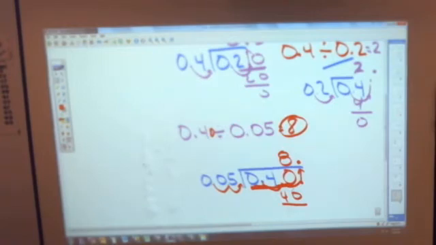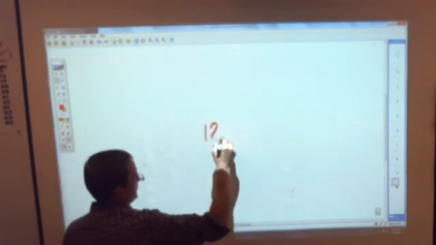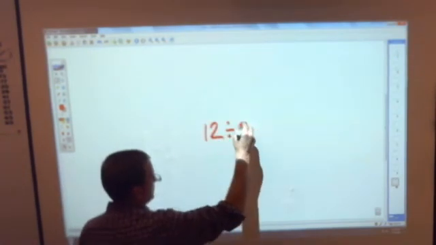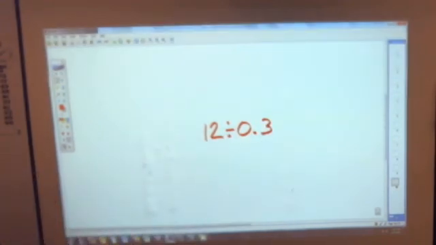How about this one? 12 divided by 0.3. I'm going to give you a second. See if you can figure that one out on your very own lonesome.